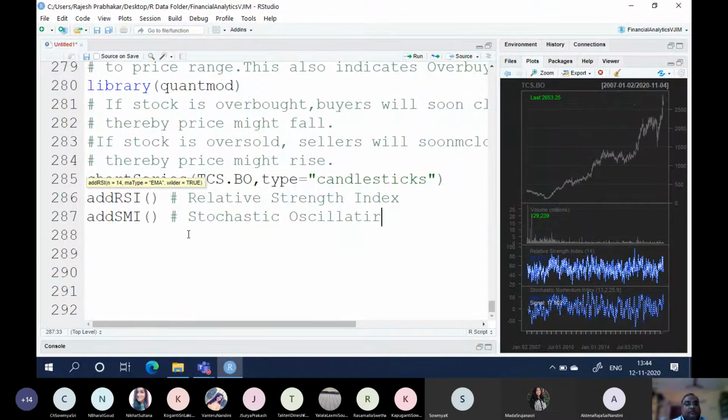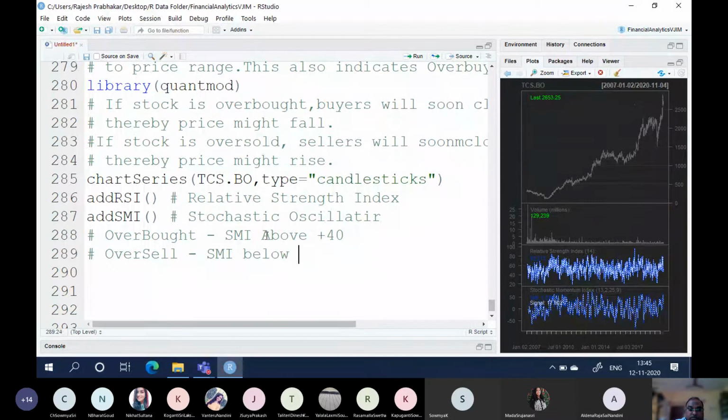Okay. So overbought, in this case, overbought in the stochastic oscillator means SMI above plus 40. Oversold is SMI below minus 40.